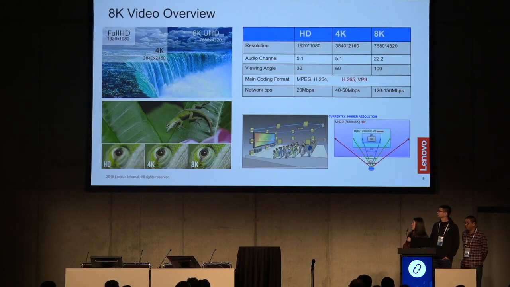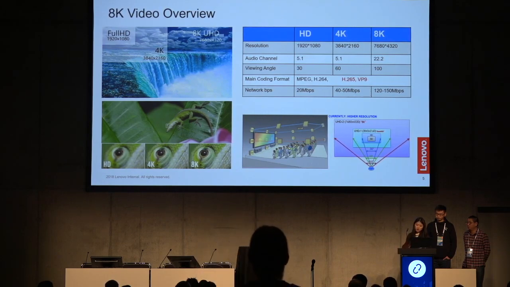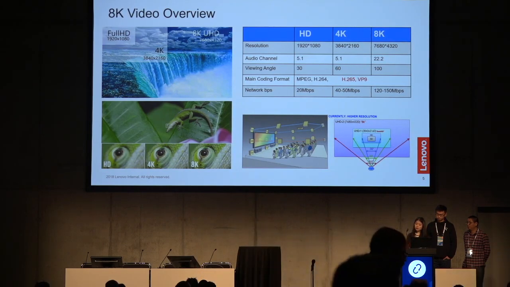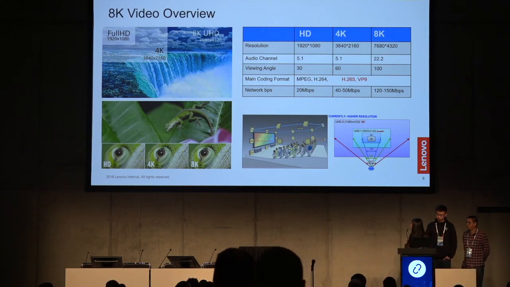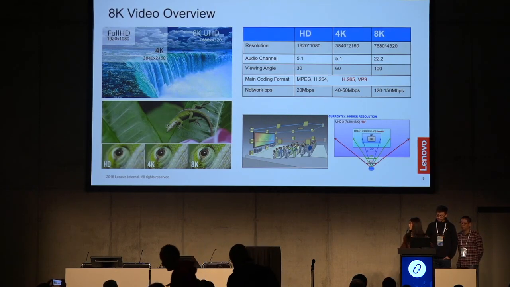The answer to this question may be much simpler if we compare 8K with other resolutions. The table on the right compares them in 5 dimensions. The first dimension is the resolution. 8K refers to any screen or display whose width is around 8,000 pixels.